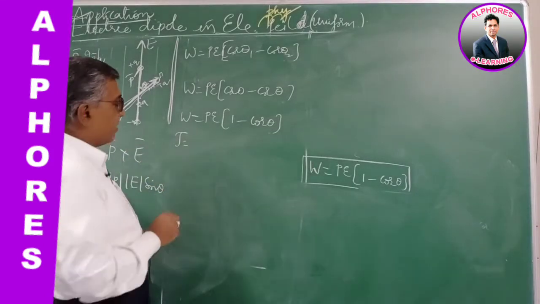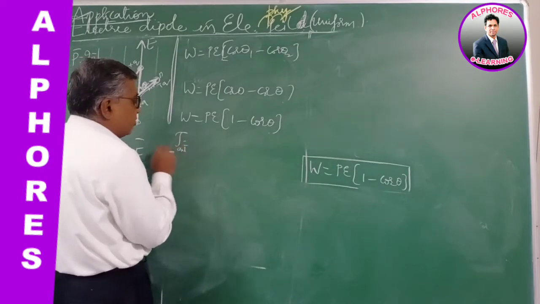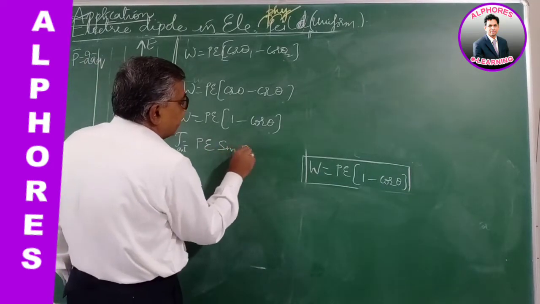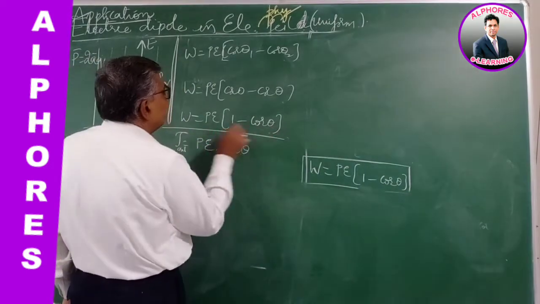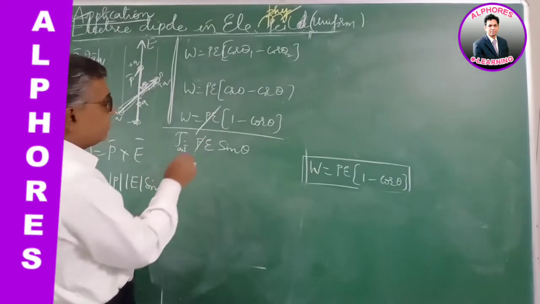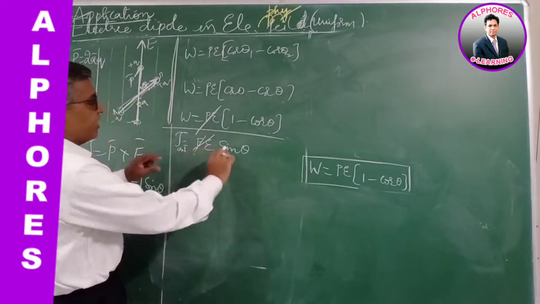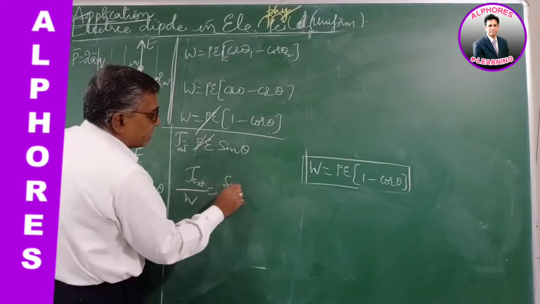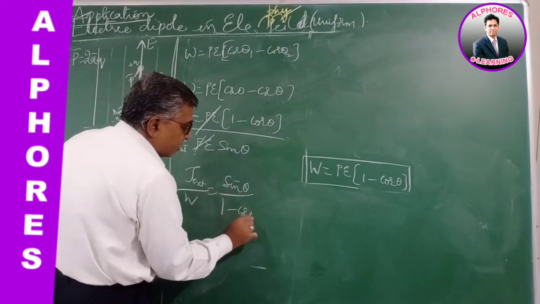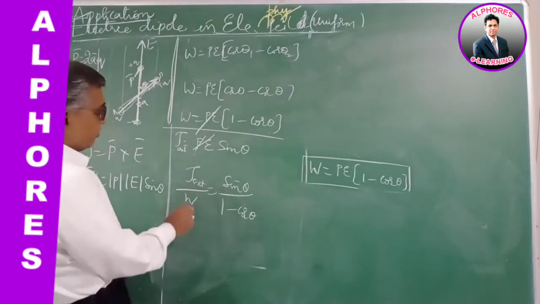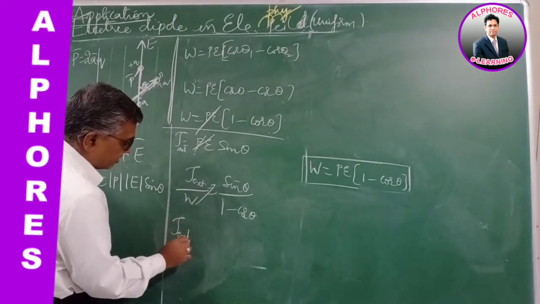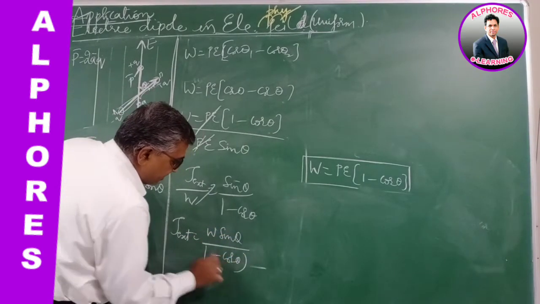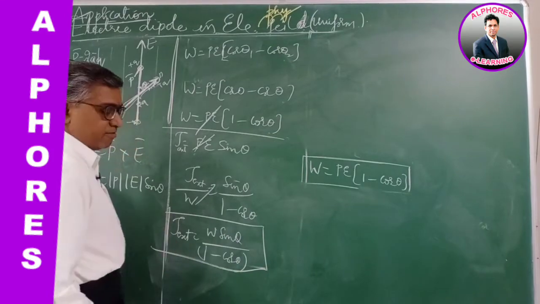So the external torque required to maintain the dipole in that position is PE sin theta. Dividing both, PE cancels. So the external torque by work done is sin theta by 1 minus cos theta. Cross multiplying, the external torque is W sin theta by 1 minus cos theta. So this is the formula.